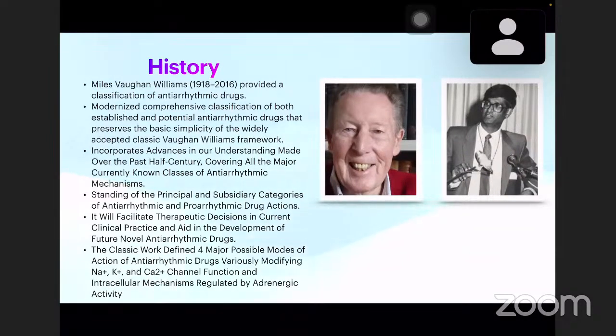Along with him, there was one Indian, Bramah Singh, a New Zealand physician. He flew from New Zealand to England to become associated with Miles Williams, and together they developed the old classification, which was there for almost 100 years.